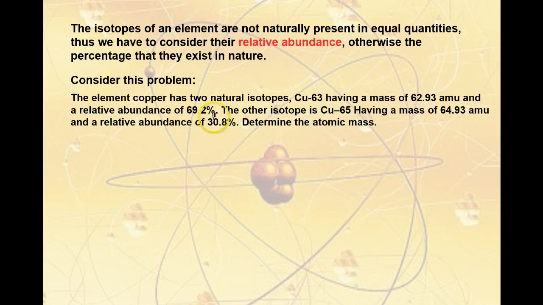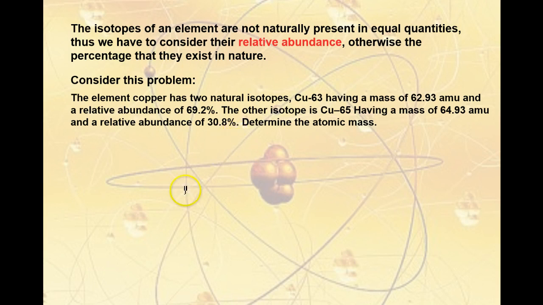So in nature, 69.2% of the copper would exist as copper 63. That's what that means. The other isotope is copper 65. It has a mass of 64.93 AMU, and its relative abundance is 30.8%. So in nature, 30.8% of the copper exists as copper 65.